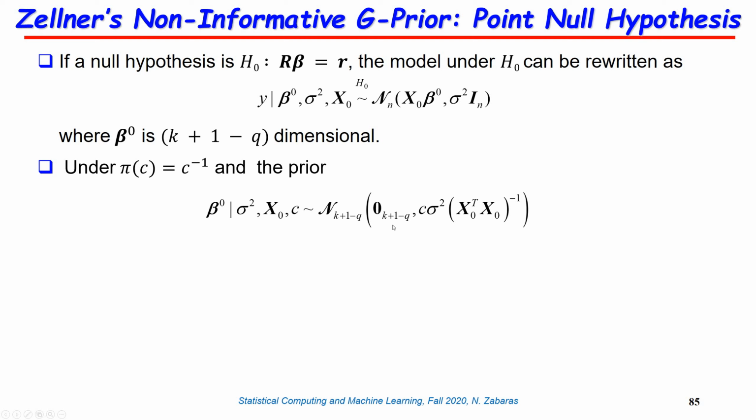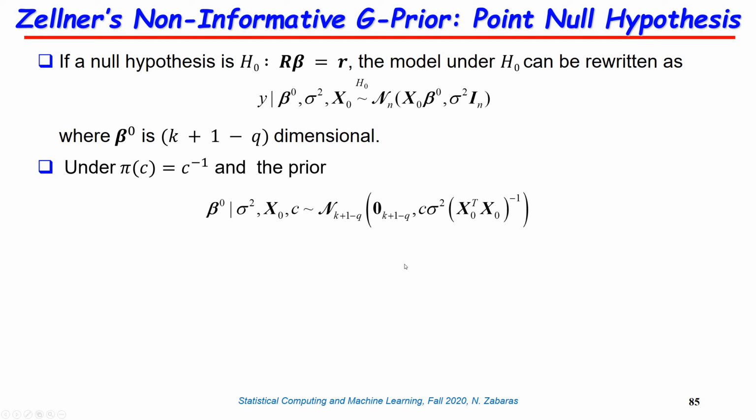We take the mean to be 0, and remember my vector beta 0 is of dimension K plus 1 minus Q. Then we take the prior to have practically the same structure as before, except that instead of X for our generic prior model for beta, now we have X0, where remember X0 is defined in terms of X and the constraints imposed by this hypothesis H0.